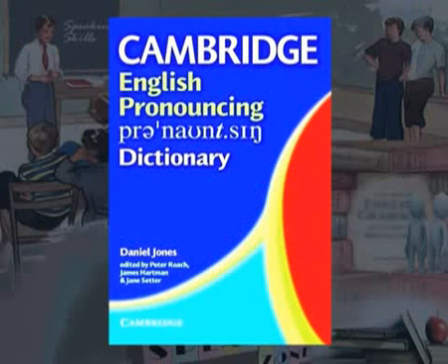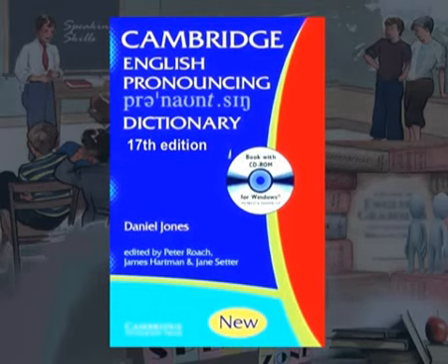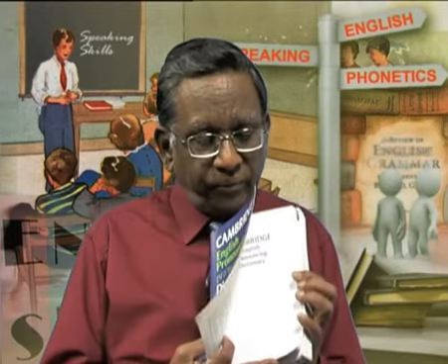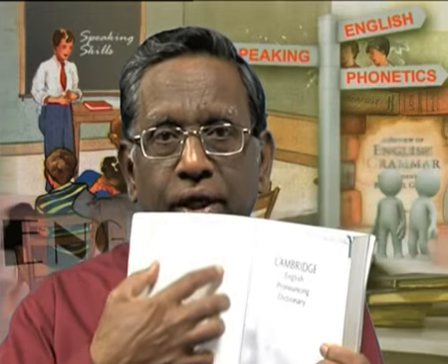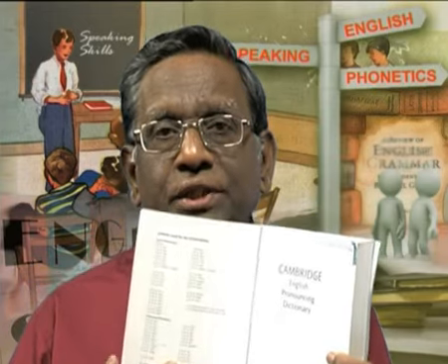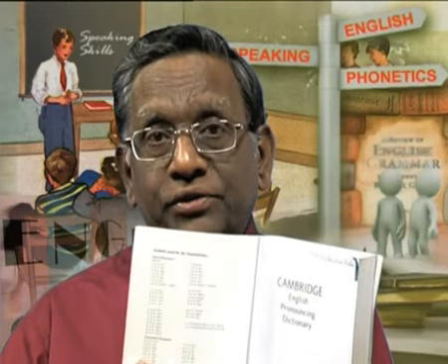For example, this dictionary, the Cambridge Dictionary of English Pronunciation, is a well-known reference point to know the pronunciation of English. When you turn the cover of this, you see on the very first page itself, at the back of the cover, the vowel phonemes and the consonant phonemes are mentioned with phonetic symbols.